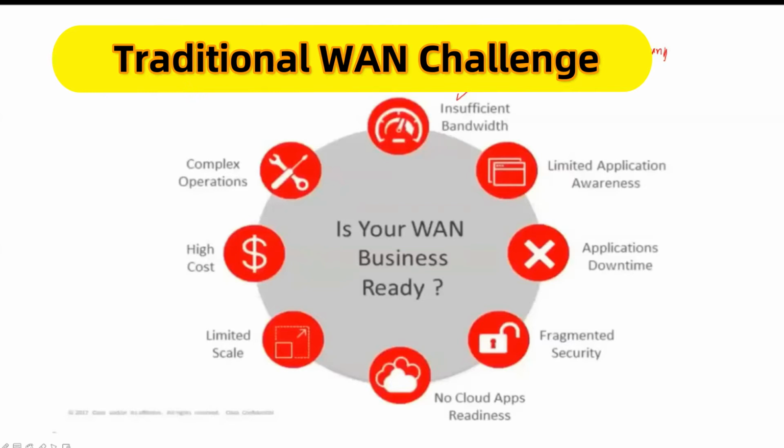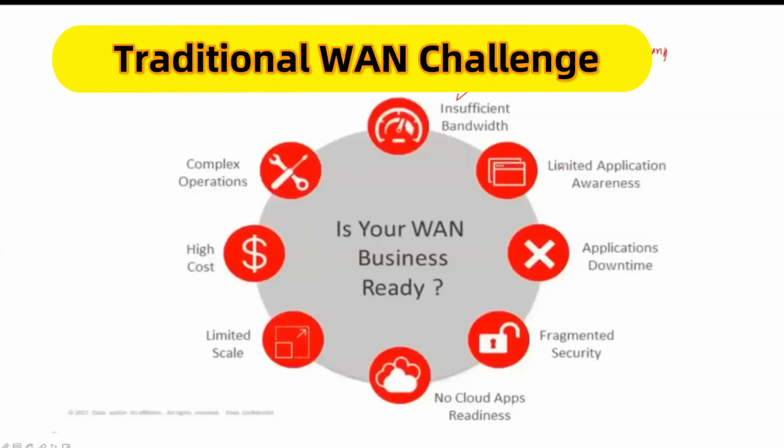So you may have 1 Mbps, 2 Mbps, or 10 Mbps lines. The bandwidth may be insufficient because of the applications. Maybe you want more bandwidth to be added. But if you go with more bandwidth, what will happen? The overall cost of the requirement will go much higher, right? So I cannot just go and increase the bandwidth because it will increase the cost, right?